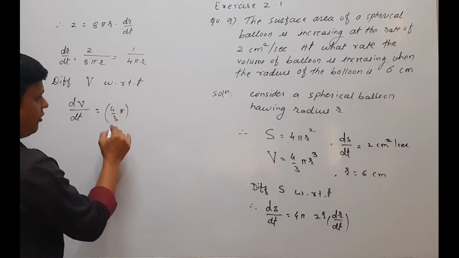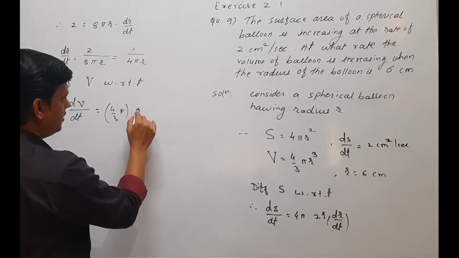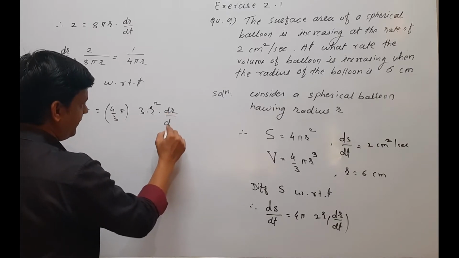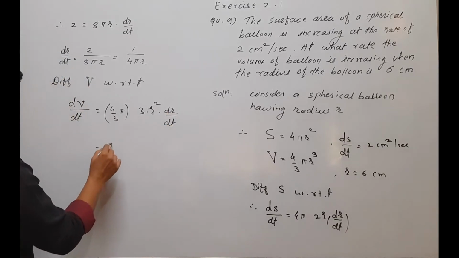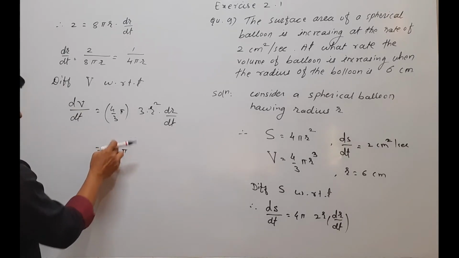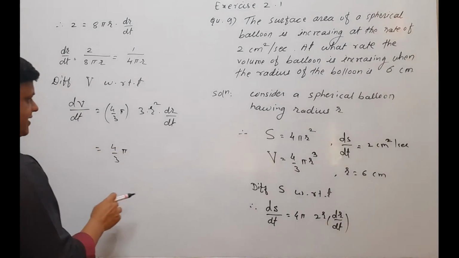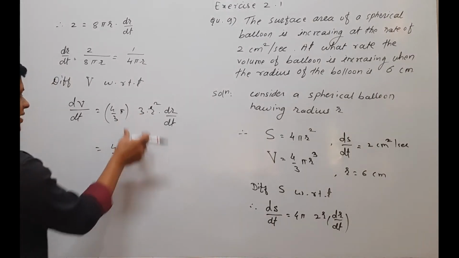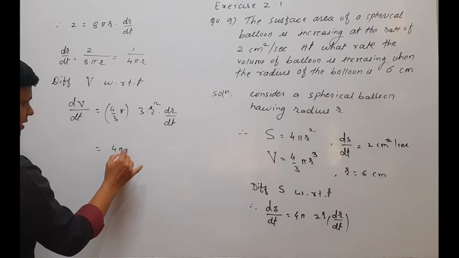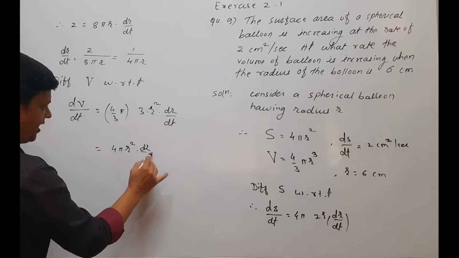Then derivative of r cube, we write 3 into r square into dr by dt. So here we write 4 by 3 pi as it is, or you can cancel this 3. So we directly write here 4 pi r square into dr by dt.